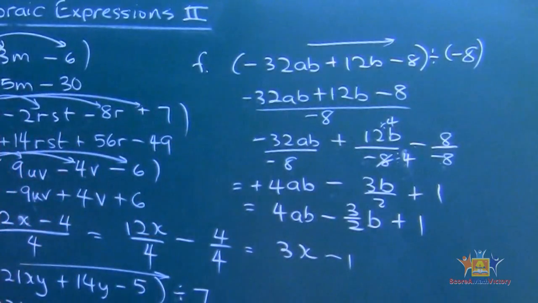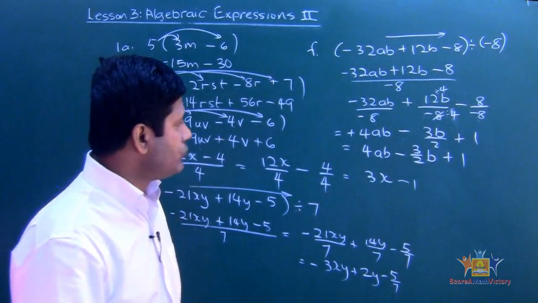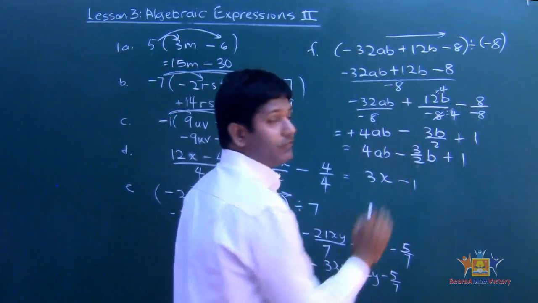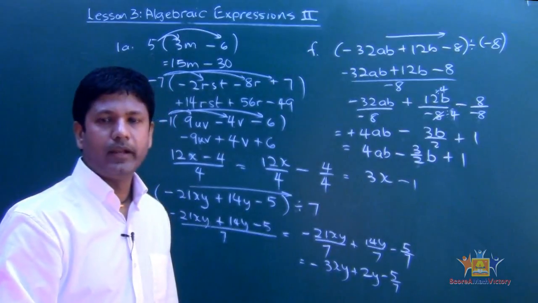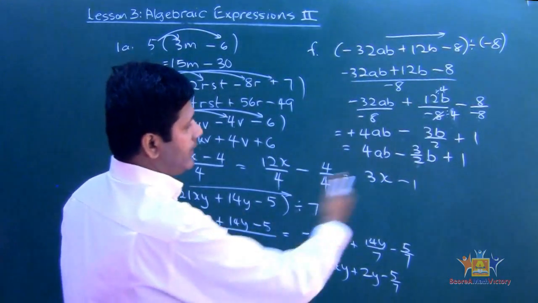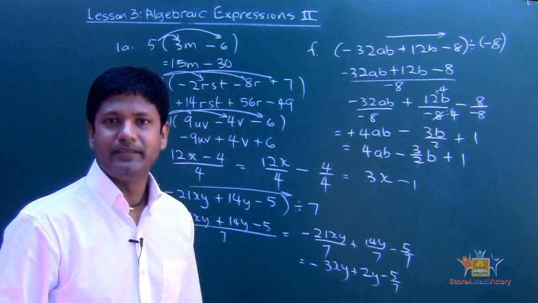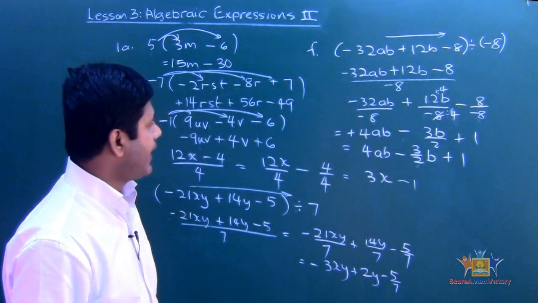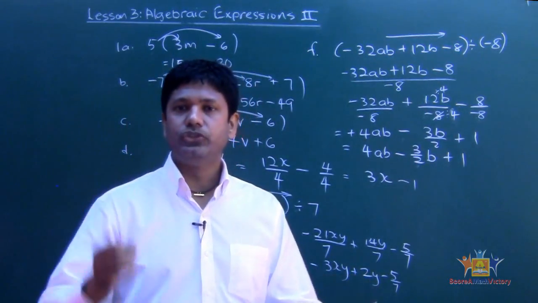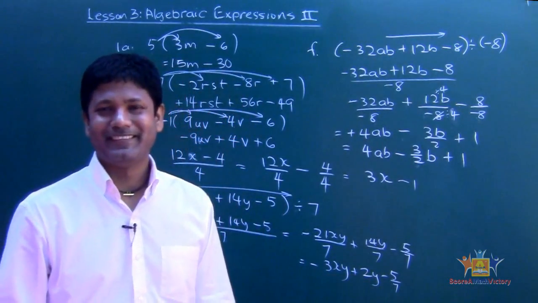When it comes to algebraic expressions, it's normal to leave this as a fraction. You don't want to do it as a mixed number. You leave it as a fraction. That's it right there. Pretty easy, isn't it? Okay, good. And that's F. Let Mr. Mac erase the board and we'll do problem number 2. I'll be back with you in a few seconds.